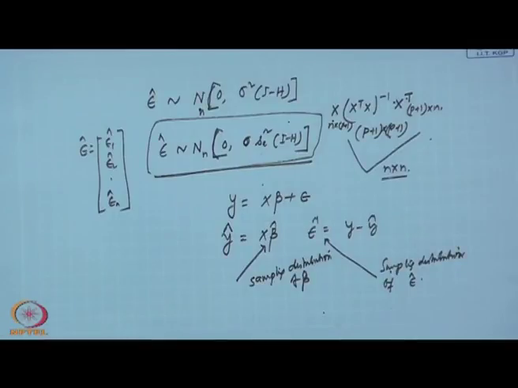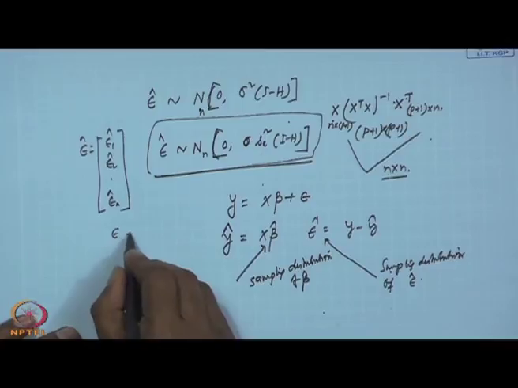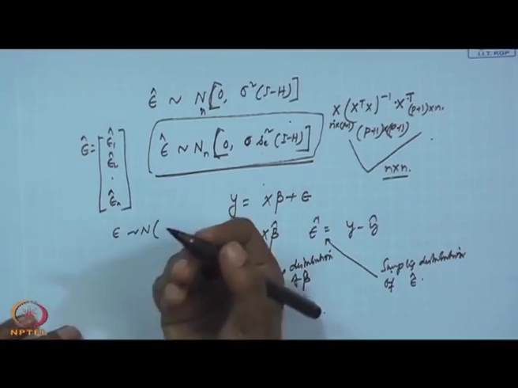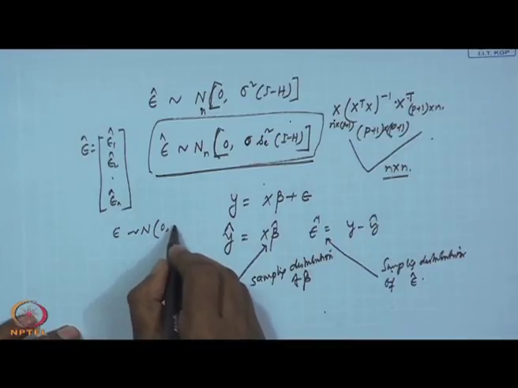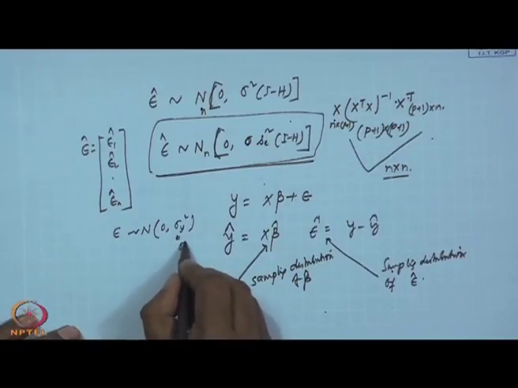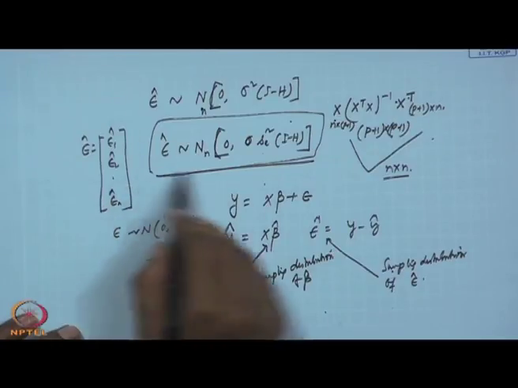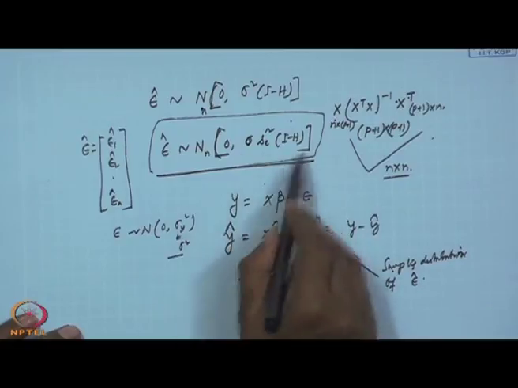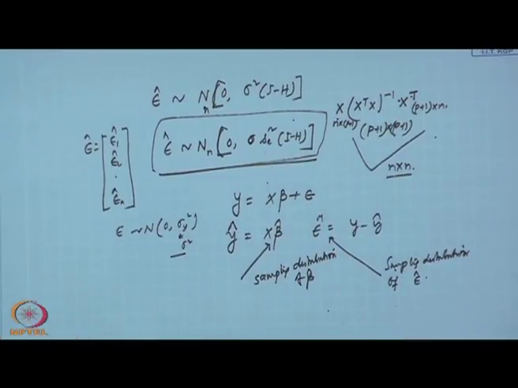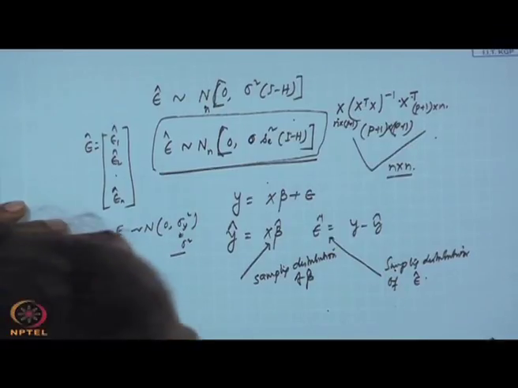What is the learning here apart from beta and all those things? The distribution of epsilon cap is not the distribution of epsilon. We have assumed the error terms in the population domain to be normally distributed, each error normally distributed with 0 mean and sigma square variance. But when you calculate these error terms, you get them in the multivariate domain, a multivariate normal distribution for the error term.